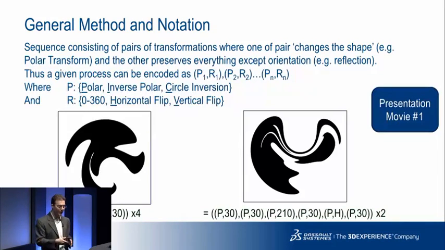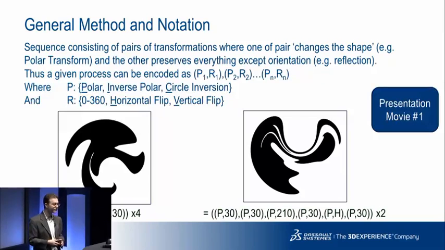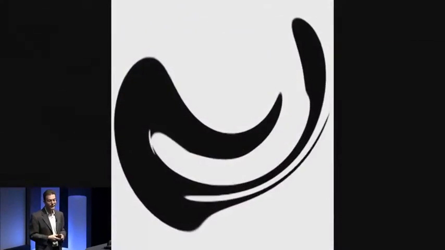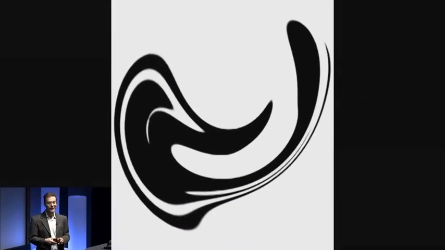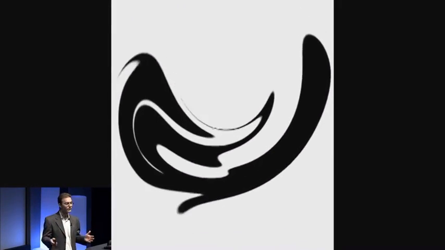And so on the bottom two images, we have the results of polar 135-degree rotation followed by polar 30-degree rotation repeated 4 times. If you could show movie number 1, please. So if you have a vector that goes through, then obviously that describes a space with n dimensions.